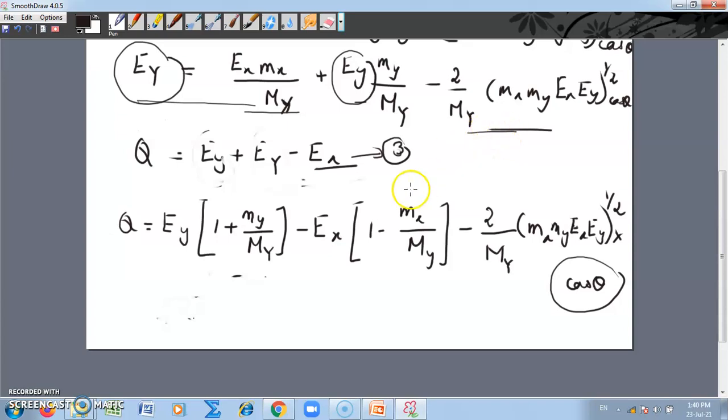After that, when I substitute EY out here, we get this one, which is the final expression. It may look very difficult, but it's not like that, because we have EY here, and EY here also, and here also.